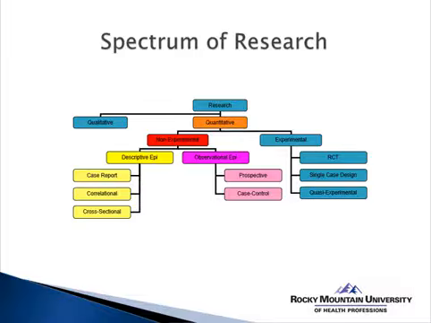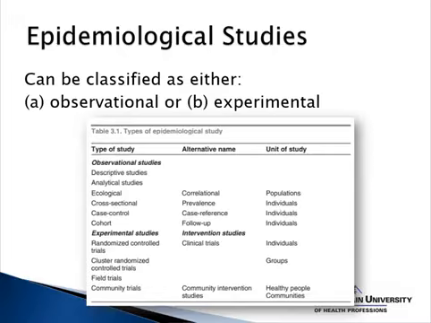Now we're continuing on with epidemiologic research. We previously looked at basics related to prevalence and incidence and the study designs associated with those. Now we're going to be moving into exploring descriptive epi and observational epi, which fall underneath the non-experimental umbrella, and then also some potential experimental examples.